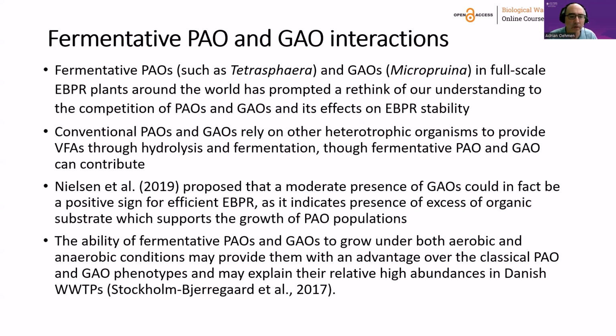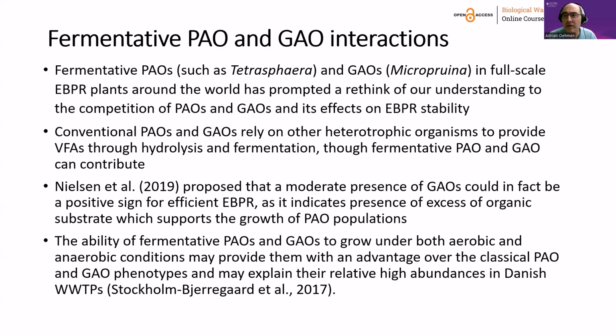So I think one thing to keep in mind is when we think of fermentative POWs and GAUs producing substrates for other POWs and GAUs, basically these fermentative organisms can contribute towards this VFA generation.